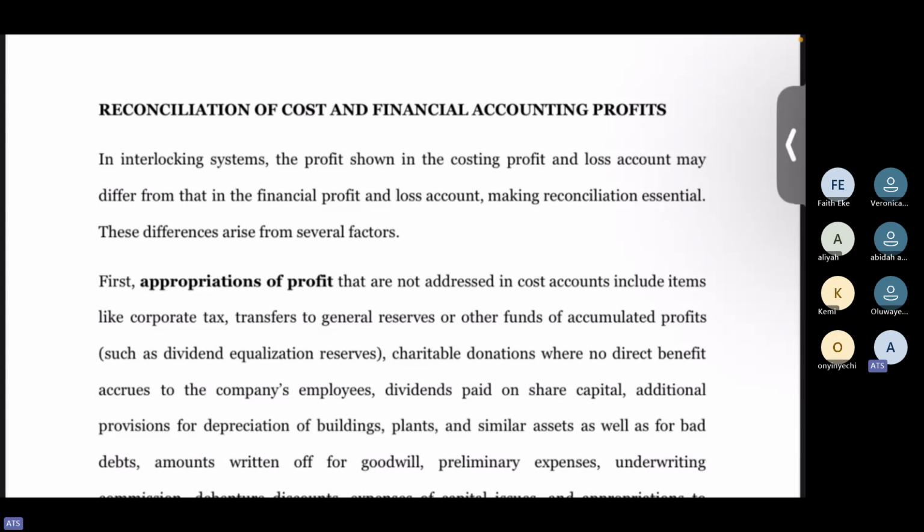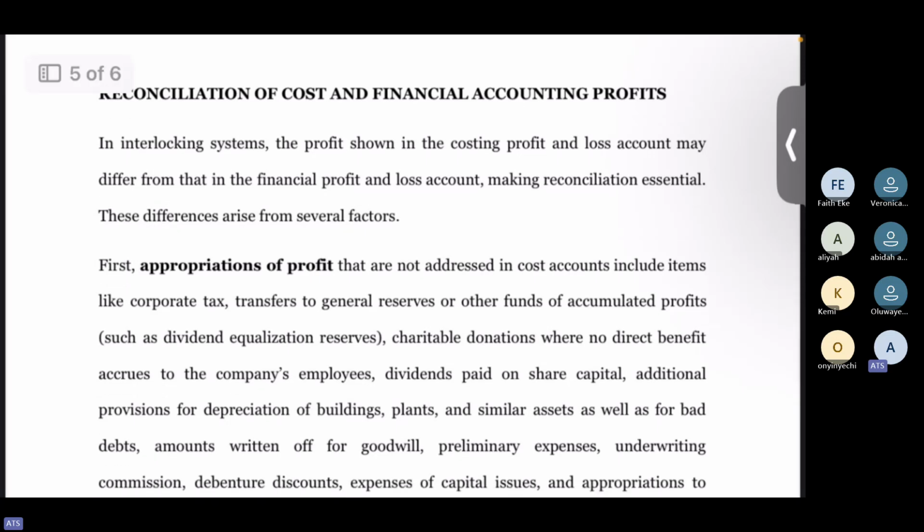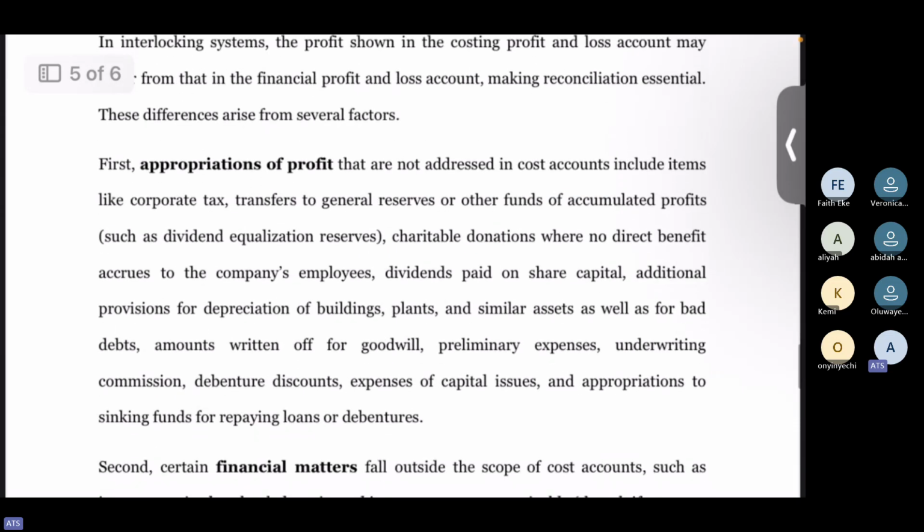So let's look at the things that might cause differences in financial accounting profits and cost accounting profits. In interlocking systems, the profits shown in the costing profit and loss account may differ from that in the financial profit and loss account, making reconciliation essential. Firstly, appropriation of profits. By appropriation, we mean sharing of profits.